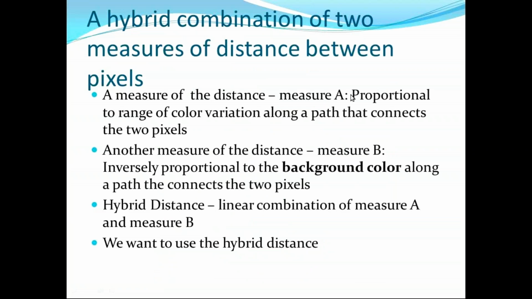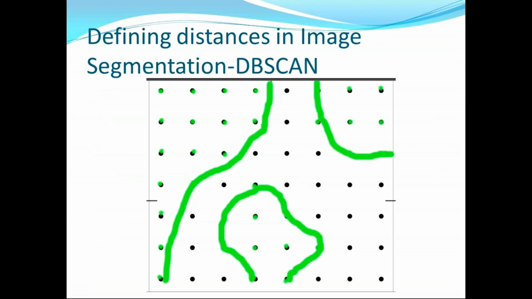So basically how much variation in color there is as you move along a path that connects the two pixels. Another measure of distance is essentially how much background you have to traverse.